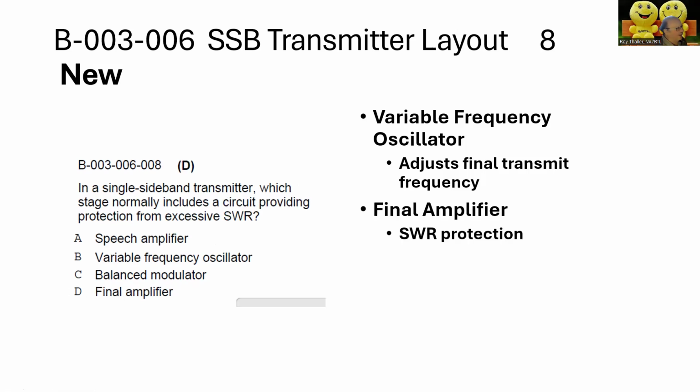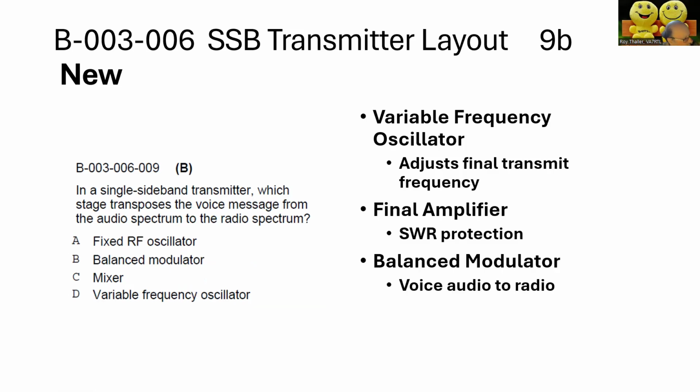Another new question: in a single sideband transmitter, which stage normally includes a circuit providing protection from excessive SWR? That would be the final amplifier. It usually has some sort of protection circuit, and the final amplifier is connected to the antenna, usually.